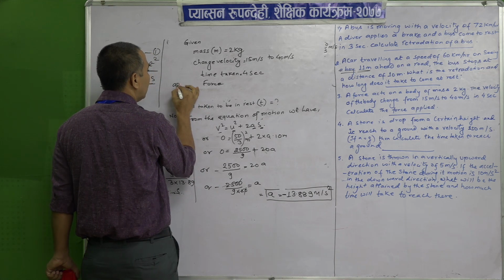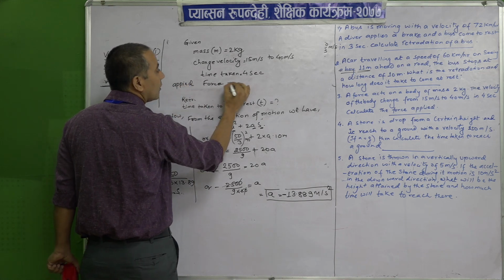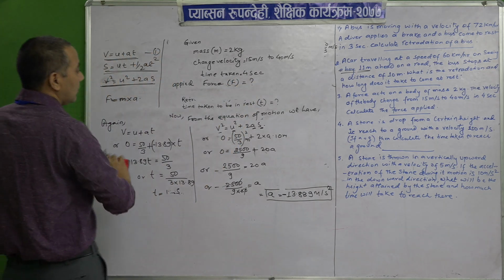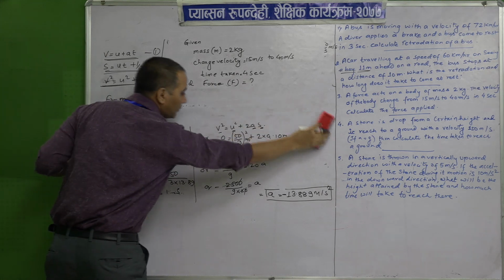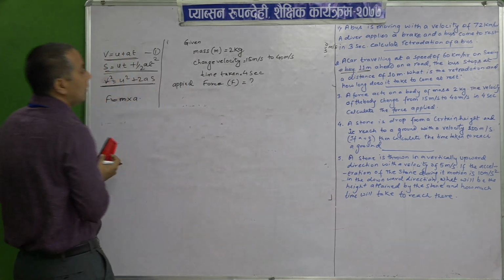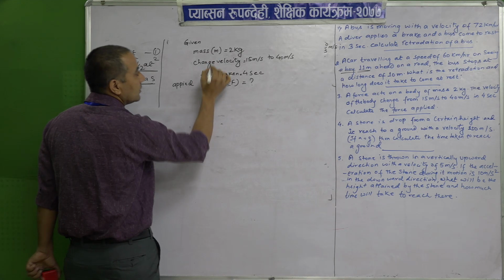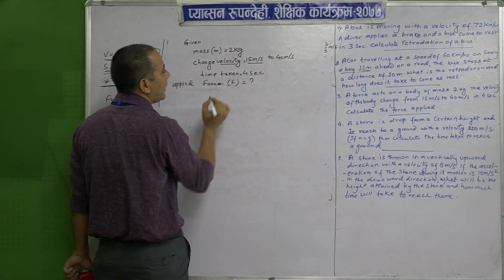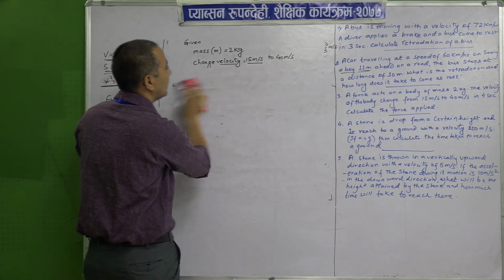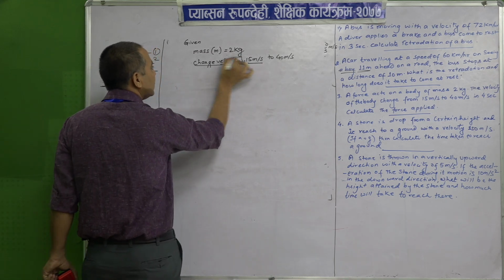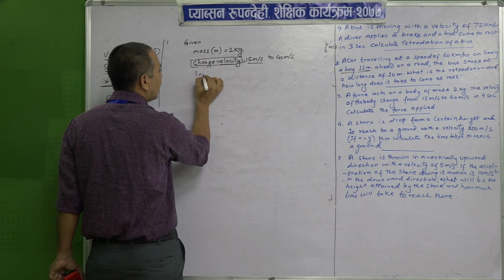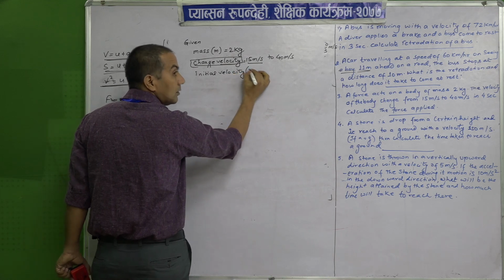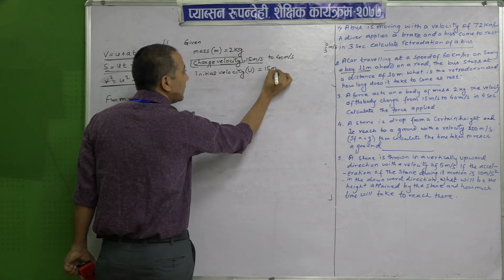Applied force, F equals how much? Now, according to Newton's second law of motion, before that, let us write clearly. The change in velocity is from 15 meter per second, which is the initial velocity, u equals 15 meter per second.